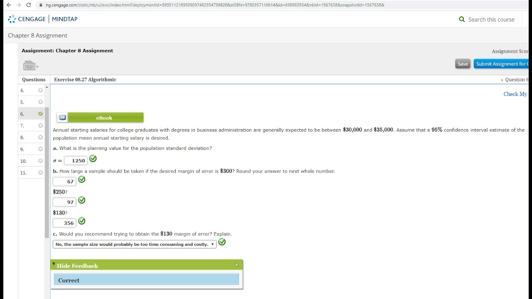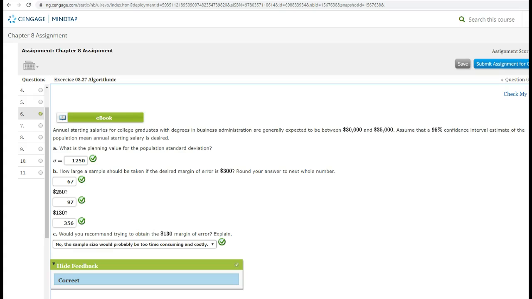They want to assume a 95% confidence interval estimate for the population mean annual starting salary. So the idea is we're going to take a sample and come up with this interval estimate. To do that, we need a planning value for the population standard deviation.